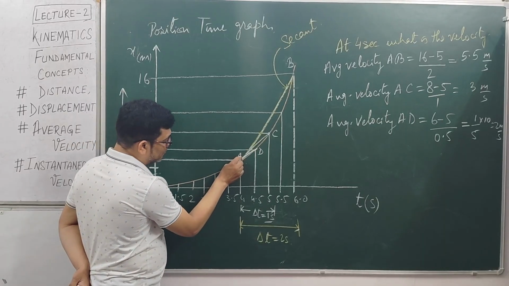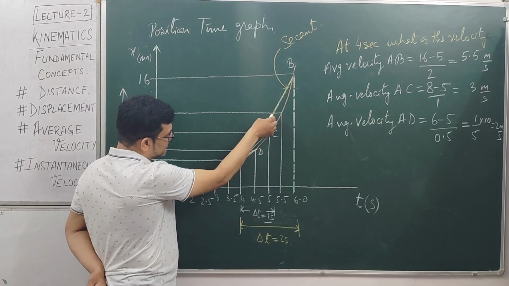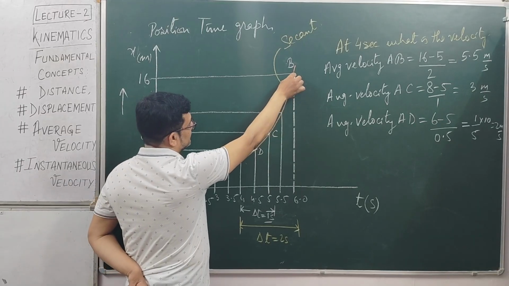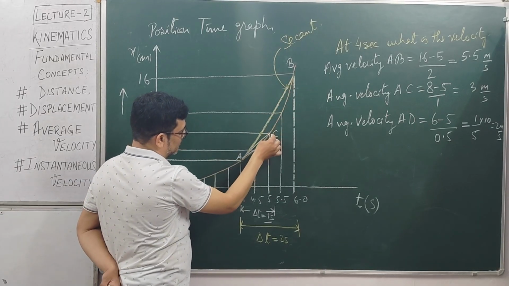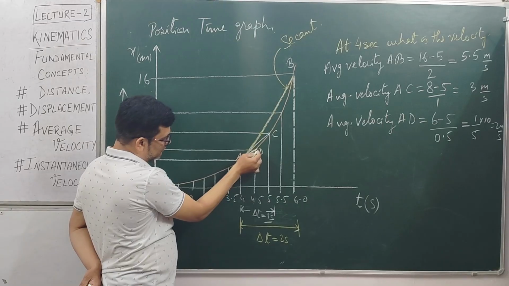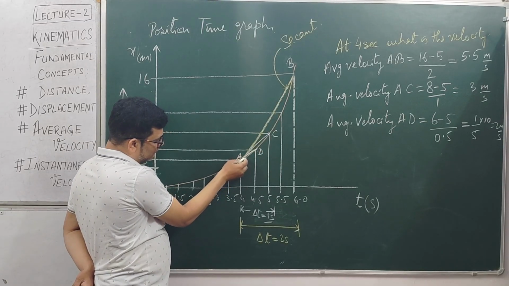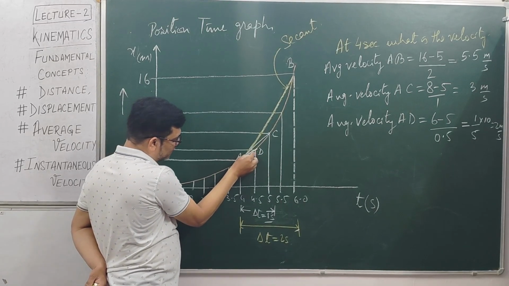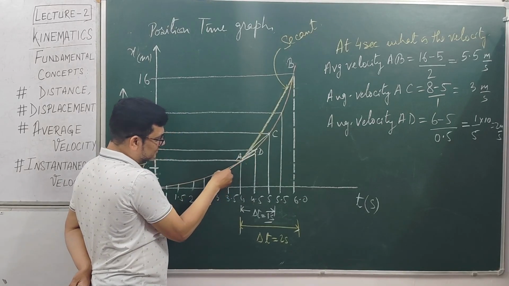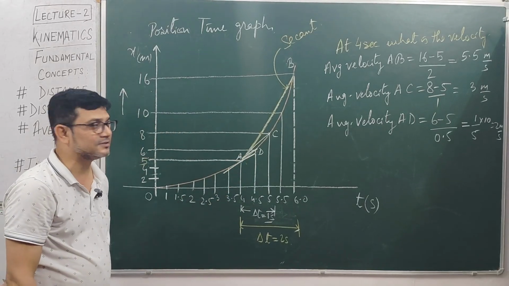Now at point A, this secant was at B, now it has moved to C, now it has moved to D, now again it's going to move, which is quite near to this. You would find that it's becoming a tangent. The secant would become a tangent.